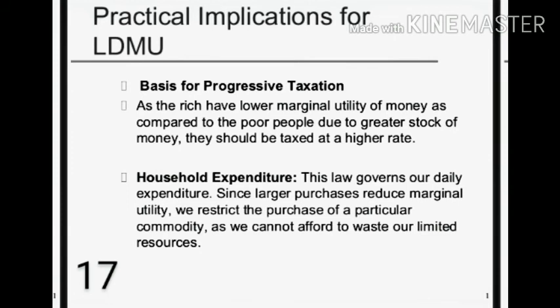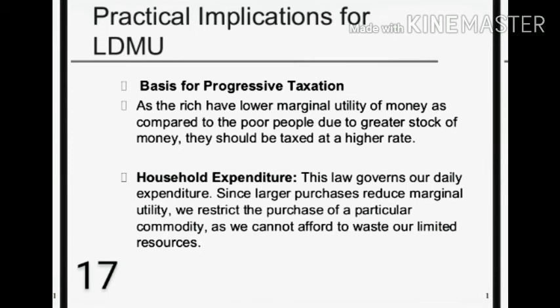Practical implications of LDMU. Basis for progressive taxation. As the rich have lower marginal utility of money as compared to the poor due to a greater stock of money, they should be taxed at a higher rate. Household expenditure. This law governs daily expenditure.